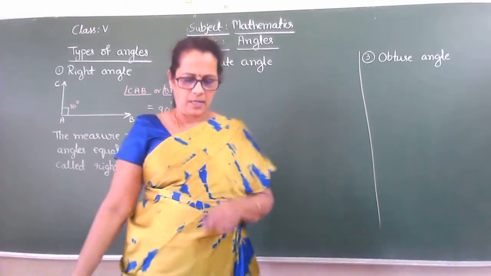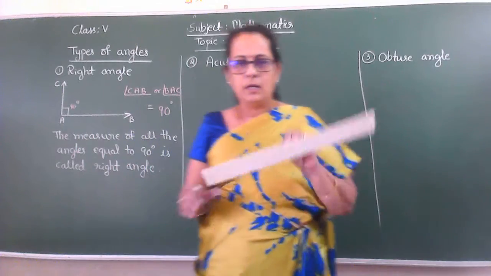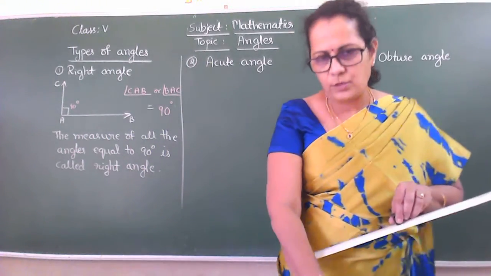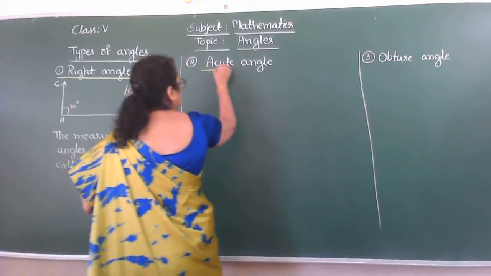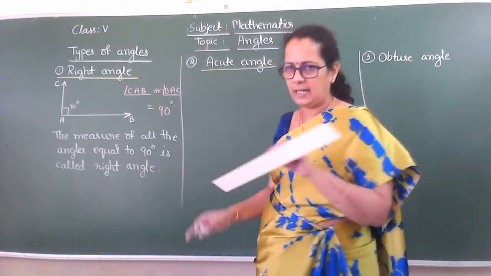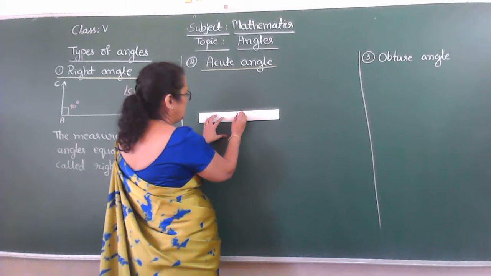So next, acute angle. How to draw the acute angle? I'll show you. Again, take a ruler or scale. Keep it on your paper like this.